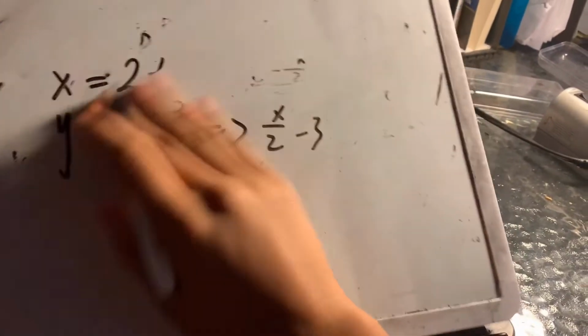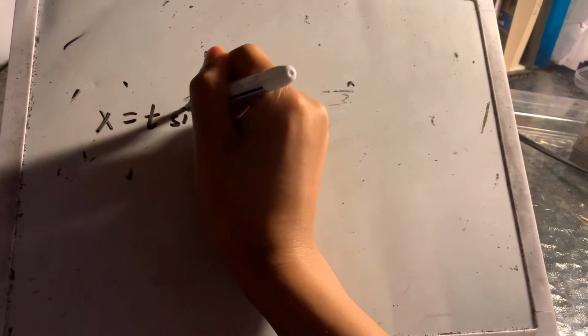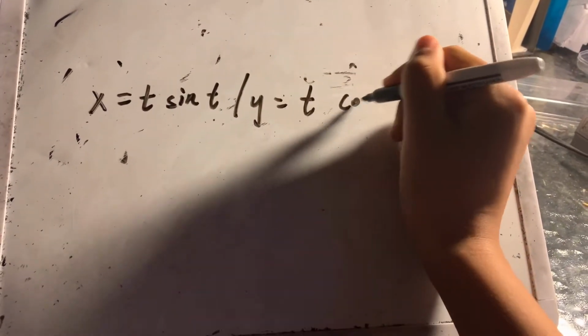This is how easy it is. So actually you are able to see that by using parametric curves, you are able to make some very beautiful things, like using this formula you can make a spiral.